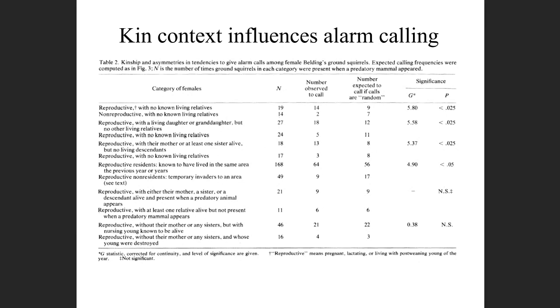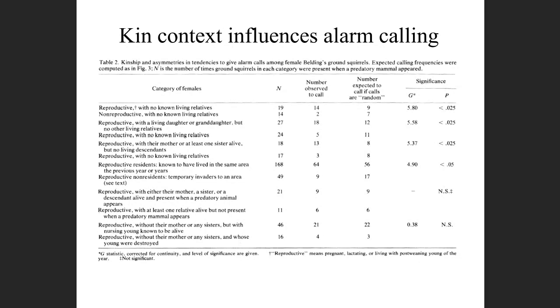So what you see is, if you're reproductive with a living daughter or granddaughter, you're much more likely to give calls than if you are reproductive but without any known living relatives in the group, right?